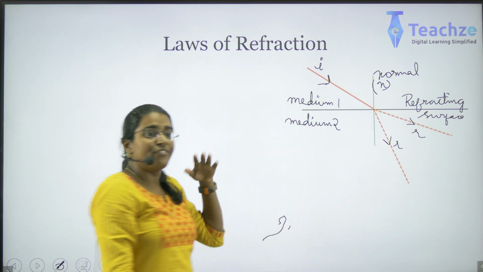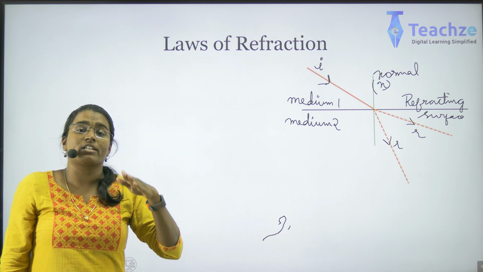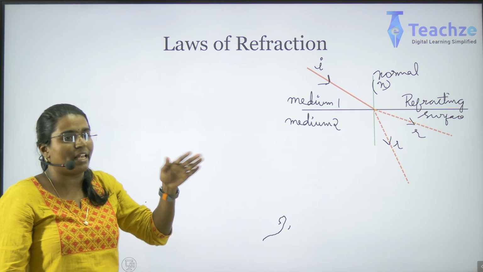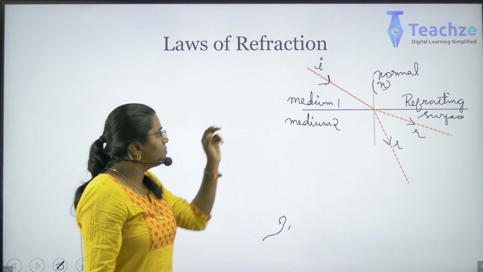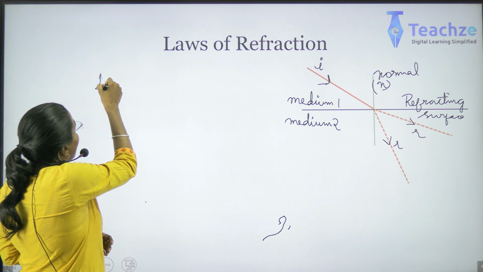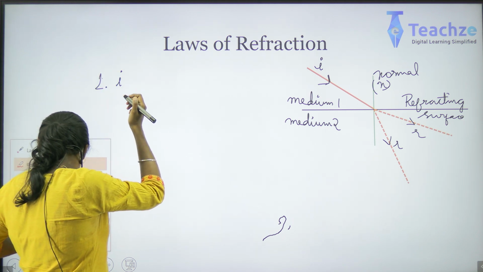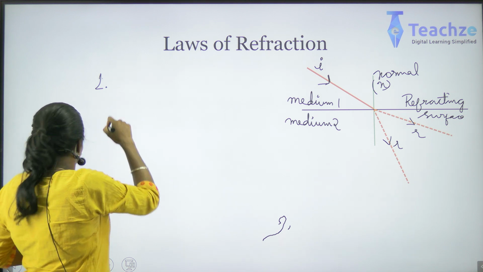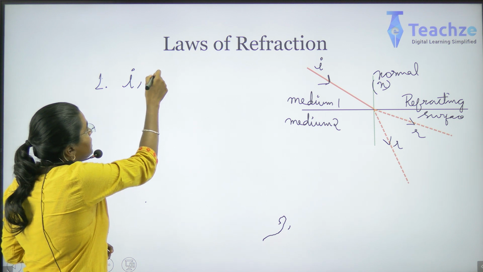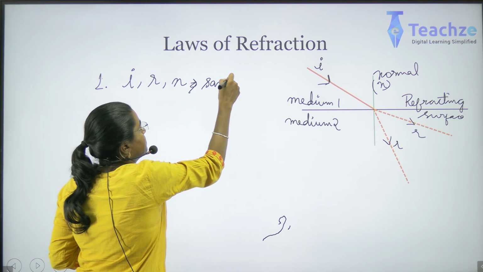That is, the refracted ray can go towards the normal, or away from the normal. So the law of refraction states that the incident ray, the refracted ray, and the normal lie in the same plane.